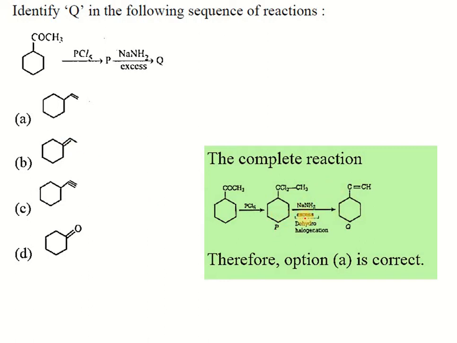Once that is completed, with excess sodamide base, dihydrohalogenation takes place, and this is the compound obtained as Q, with a triple bond, that is option C.